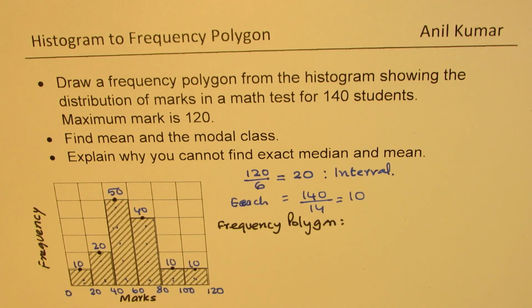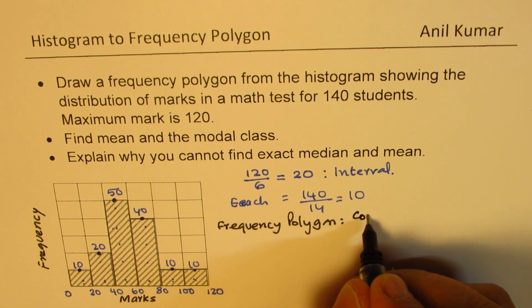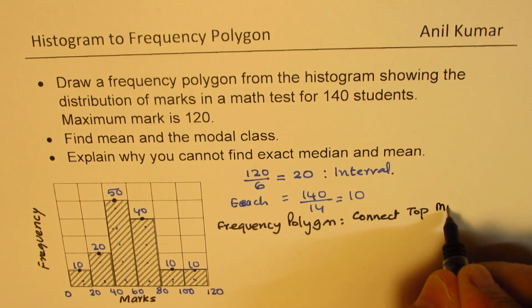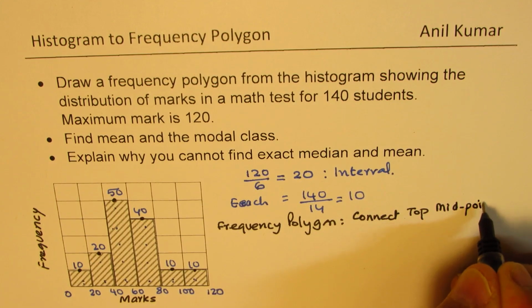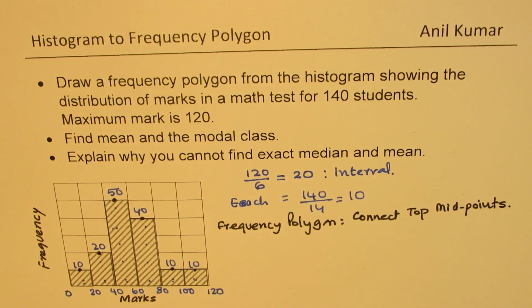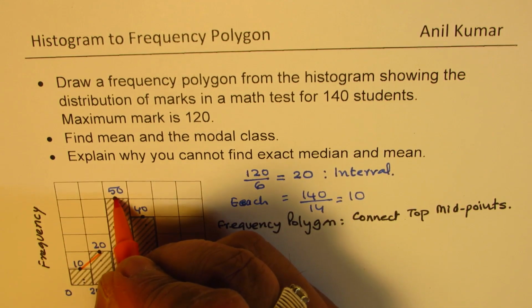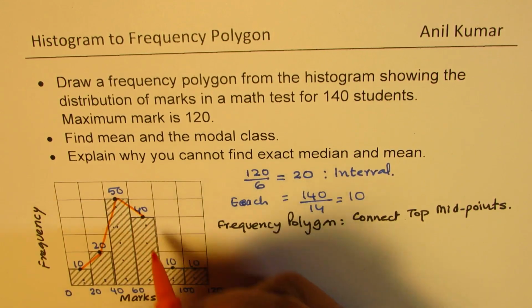So to draw a frequency polygon, we connect the top midpoints with straight lines. So we just connect these points, and that gives us the frequency polygon.